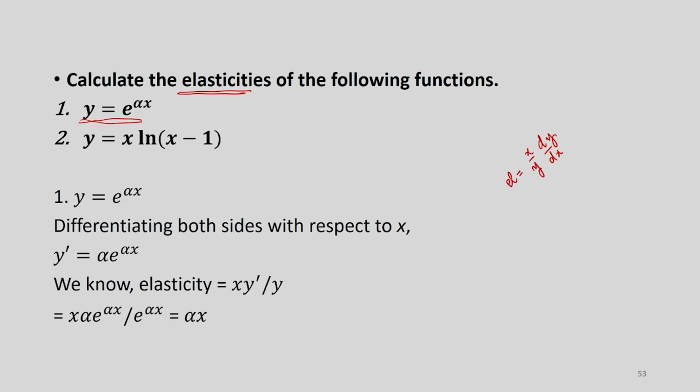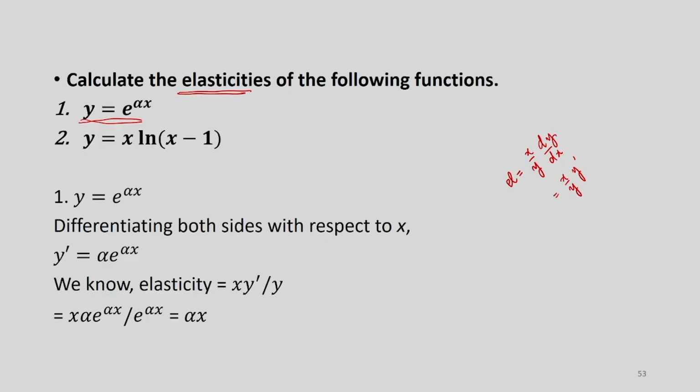Let us call it EL. Elasticity or EL is equal to x divided by y multiplied by dy/dx, or you can write it as x divided by y multiplied by y dashed, because y dashed is the general notation for dy/dx, the first derivative of the function.